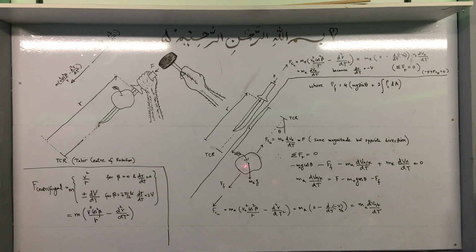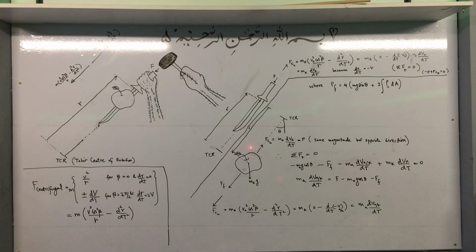The weight component in the line of action of the forces is m_a g cos theta, and the friction force is given by mu times, where mu is the coefficient of friction between the material of the apple and the knife, and m_a g sin theta is the other, normal component of the apple acting on the knife, plus 2 times the integral of the contact pressure between the apple and the knife times the differential area dA.